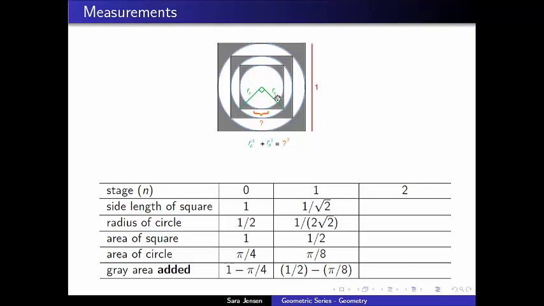Whatever these side lengths are, the previous radius, we're going to take them and square them and add them together so that the length of the new square will be found from a Pythagorean theorem, a little bit of algebra, and what we find is that the side length of the square in the next stage can be found by taking the radius from the previous stage and multiplying it by the square root of 2.